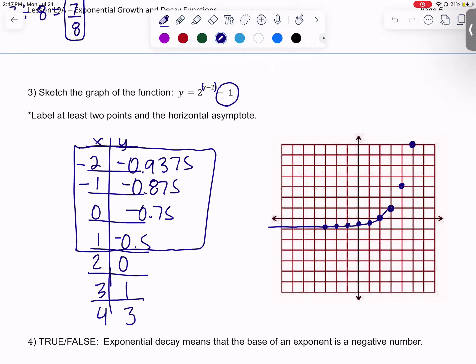Start from the flatter side and then work your way up. Don't forget to label. 2 to the power of x minus 2, minus 1.